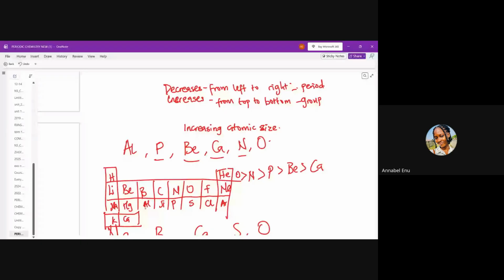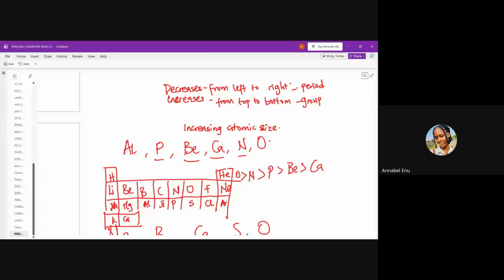Aluminium is beneath boron, so aluminium will be greater than nitrogen, also greater than oxygen. All the ones at the top of aluminium, it will be greater than them all.